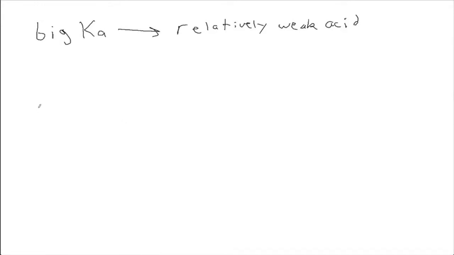If there's a Ka, it's a weak acid in the absolute sense. But remember here I was asking you relatively. What I mean is if one Ka is bigger than the other, if one acid has a bigger Ka than another, does that mean that it's relatively stronger or relatively weaker? Maybe I should make it clear, bigger. If one has a, yeah. That doesn't mean it's strong in the absolute sense, but it's relatively stronger than something with a smaller Ka.